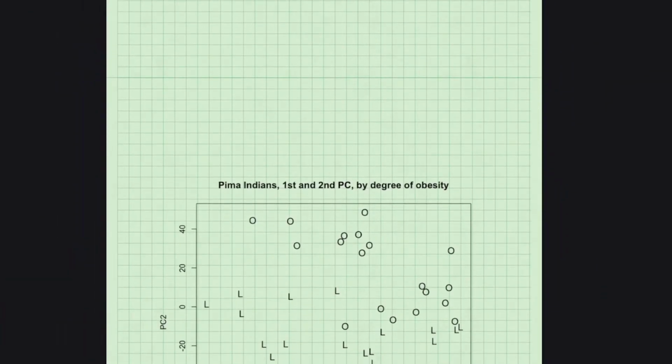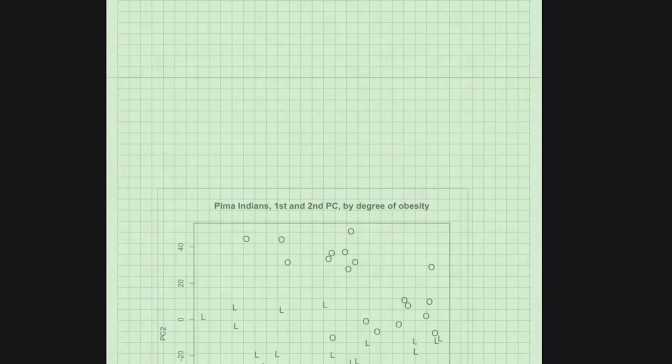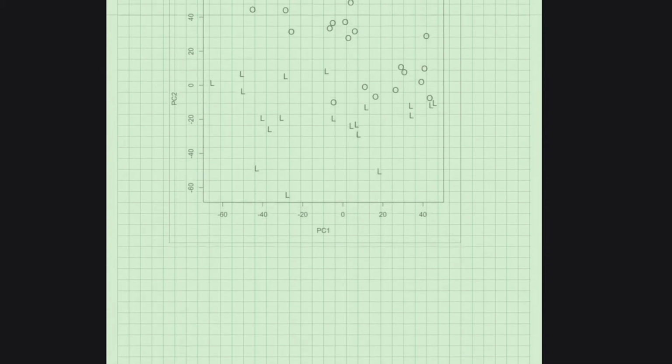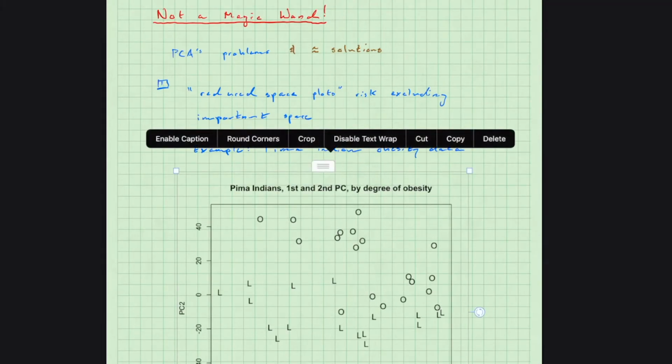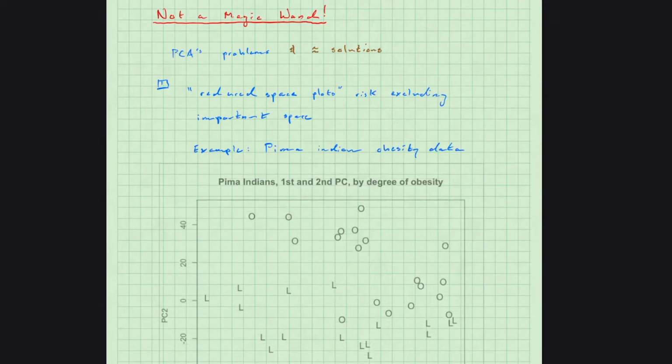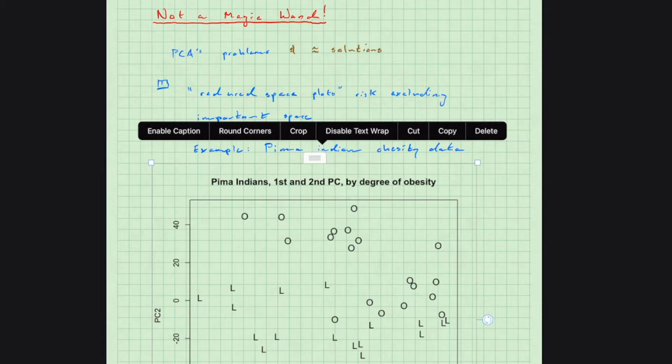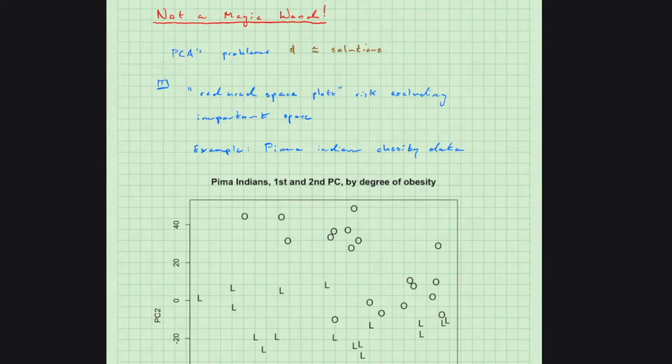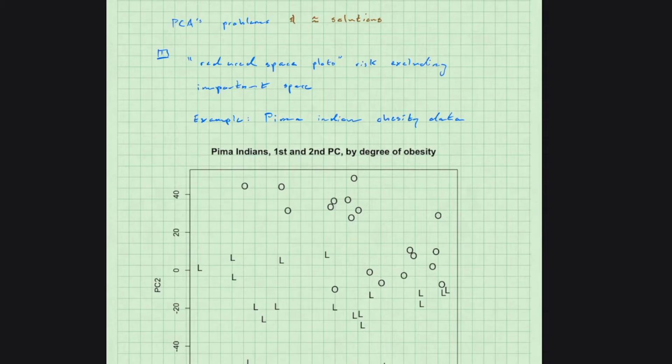So this is the Pima Indian data for the first 2 principal components, right? So this is a reduced space plot. This was a genetic data set where we actually had a large number of columns in the X matrix, and when we did principal component analysis, it was reduced down to 40 different principal components, I think, or 39 or something like that.